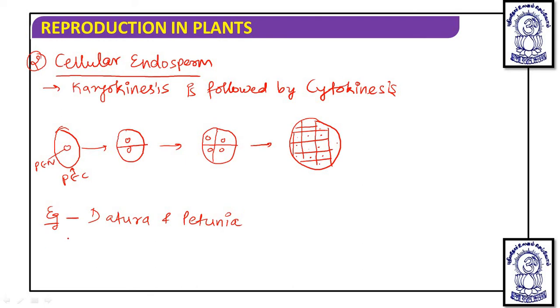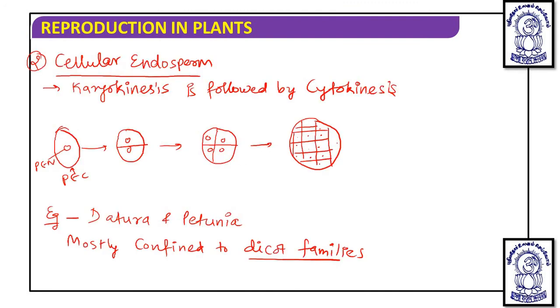This cellular endosperm is known to be mostly confined to dicot families. Okay, so you should remember this, that is an important statement. Now after this cellular endosperm, the third type of endosperm which we are going to study is halobial endosperm. Let's talk about the third type of endosperm, that is halobial endosperm.